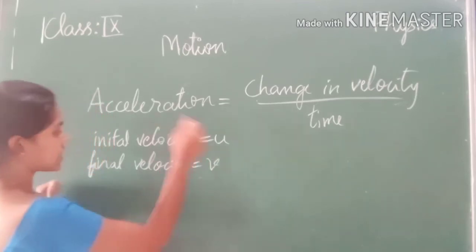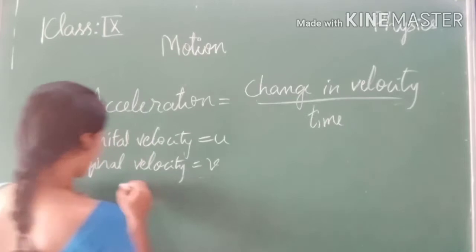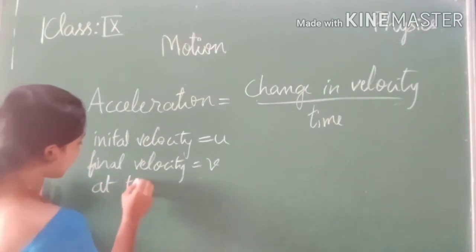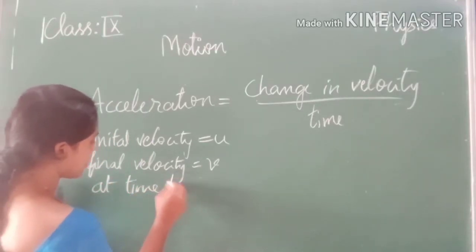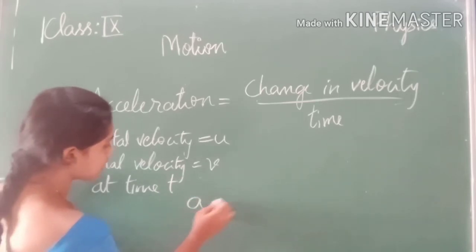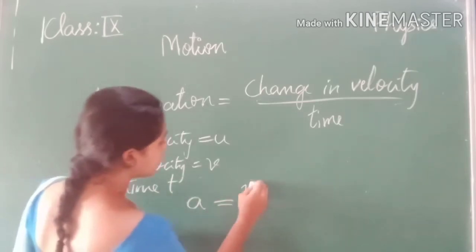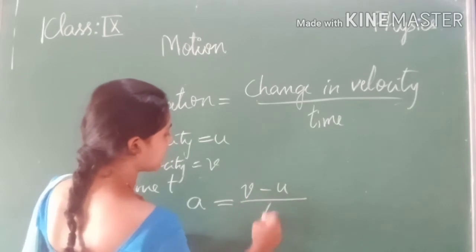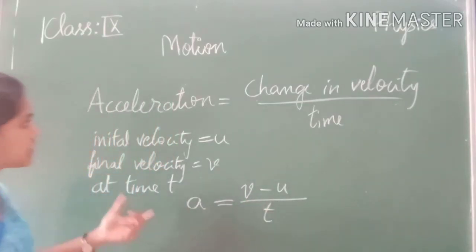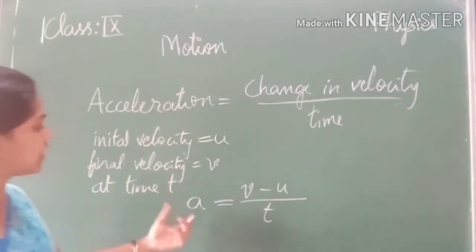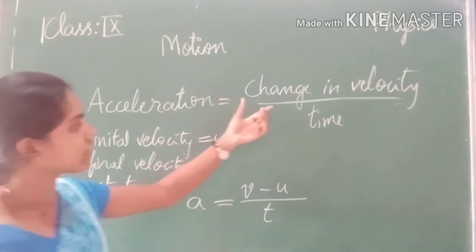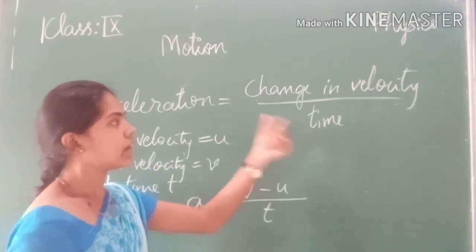Then the acceleration at time t will become a is equal to v minus u divided by t. Acceleration is nothing but the change in velocity with respect to time.